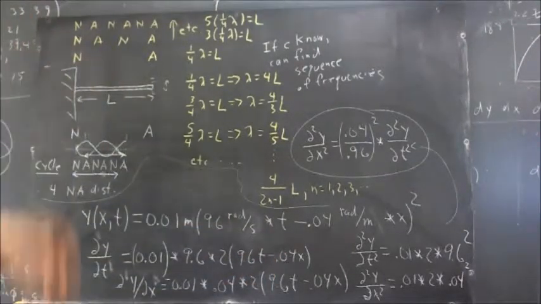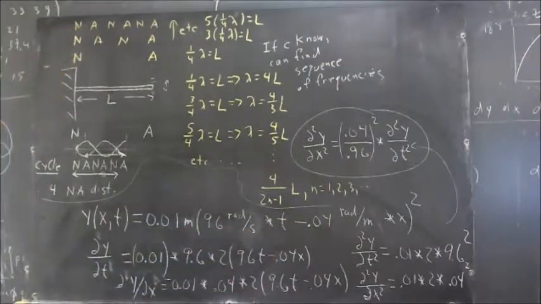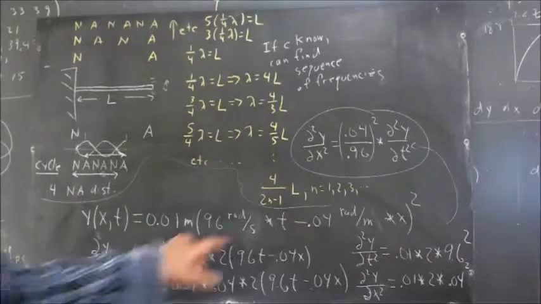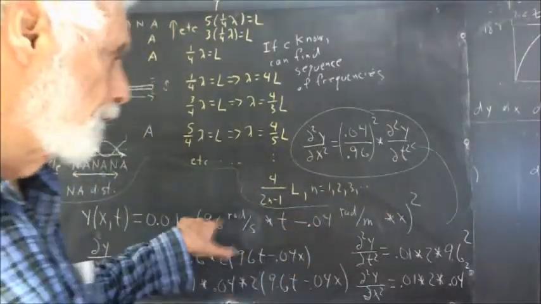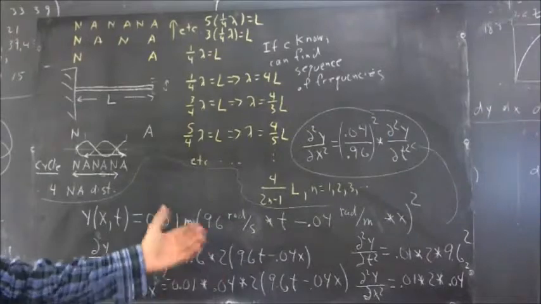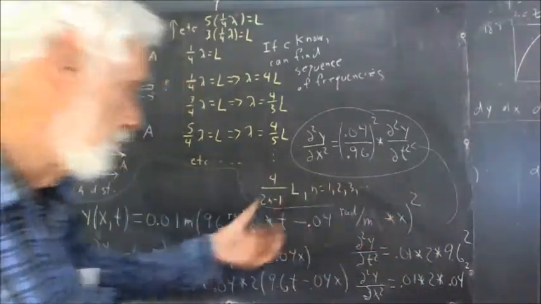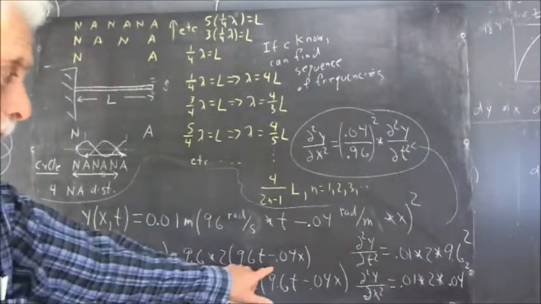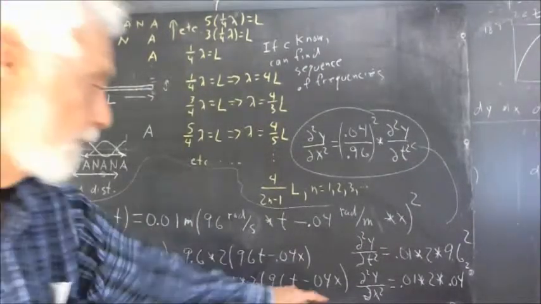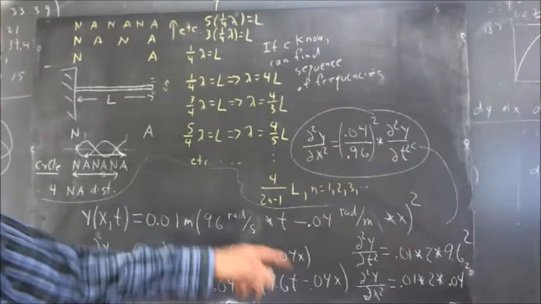Now, the derivative is straightforward, just using the chain rule, and I'm not going to go through that. We have the square of this function. The derivative of this inner function is 9.6 radians per second. And then we have 2 times this function for the derivative of the square. Similarly for the partial of y with respect to x. Then, taking the second partial derivative, we take the derivative of this.